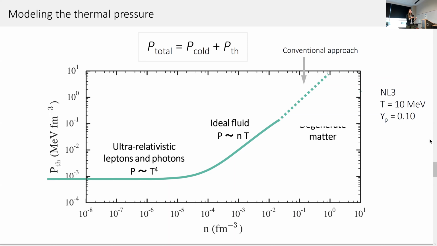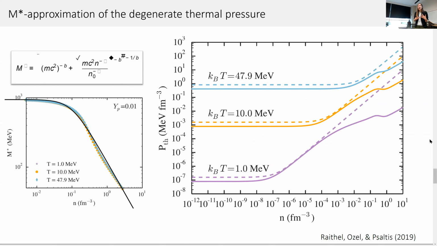So to work around this problem, we have introduced a new framework that we think helps resolve this issue, which is an approximation of the Dirac effective mass. This is the effective mass in a relativistic mean field theoretic sense. And we use this parameterization of the effective mass as a proxy for parametrizing the interactions between particles.